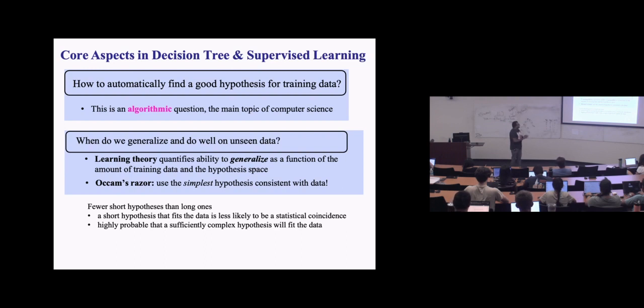So, we will try to find a tree that will generalize over unseen data, and that is kind of the simplest tree. And what is the simplest tree? What do you feel when I say simplest tree? What is simple? Few nodes, yes.